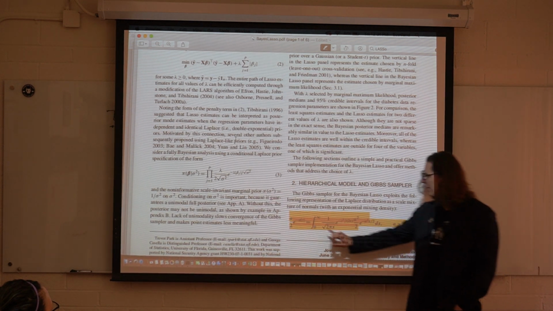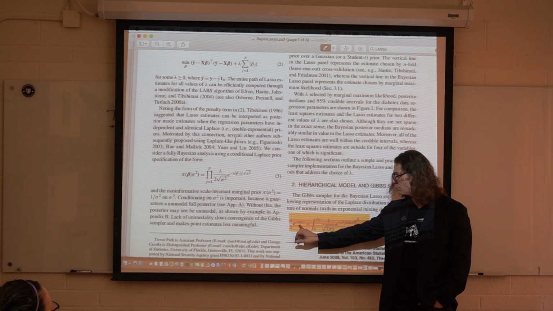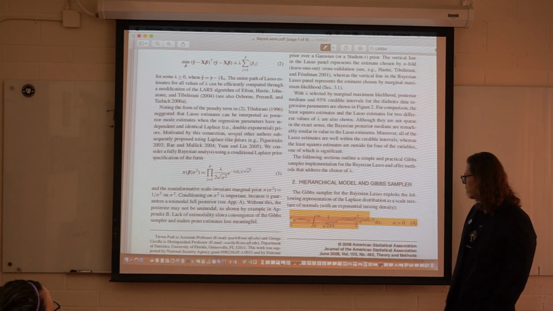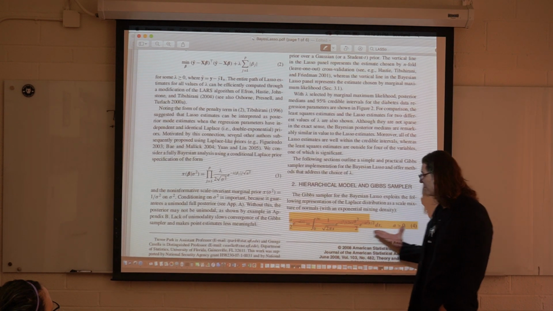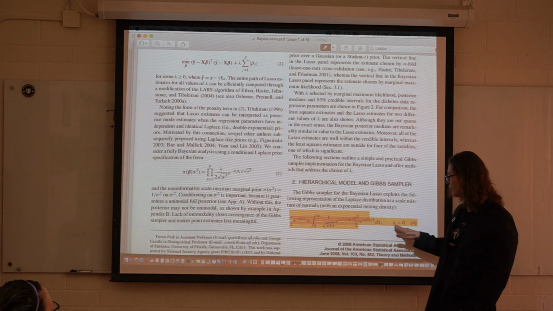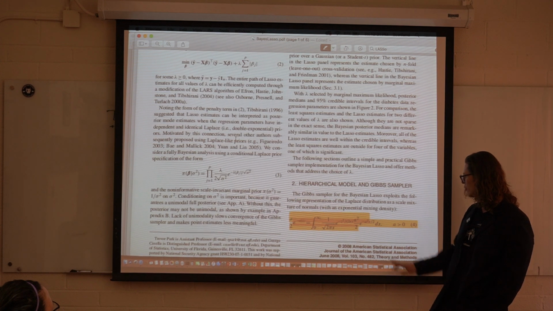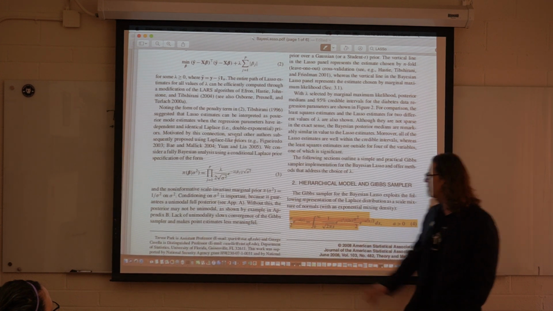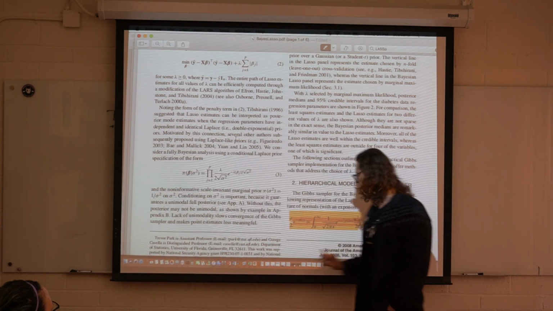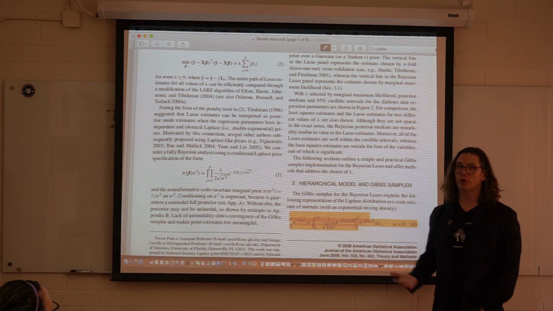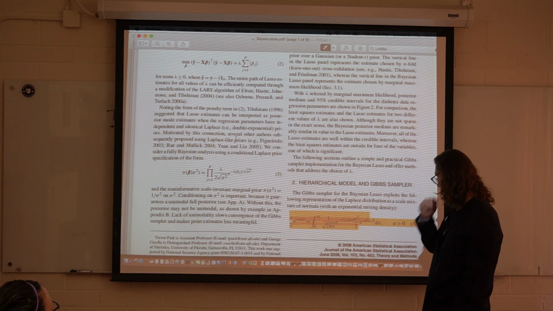It turns out this is the Laplace distribution that I showed you in class, and it can be derived as a scale mixture of normals. So they've got this scale mixture of normals going on. You'll notice also that they didn't play around with this parameter here, and so it might be too overloaded, but they do discuss it in this paper.